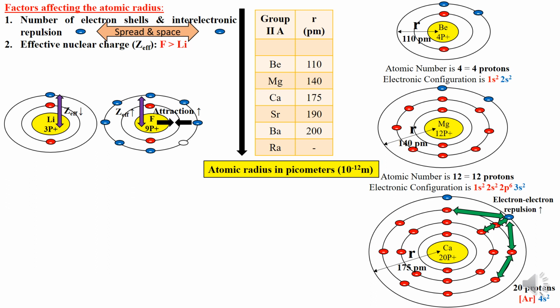Now the fluorine nucleus has a total of 9 protons while lithium has 3 protons. So the magnitude of positive charge in case of fluorine atom is 3 times more than the lithium atom. As a result of this, the valence electrons in case of fluorine atom experience a strong attractive force towards the nucleus.